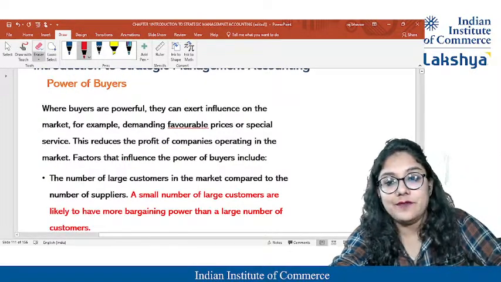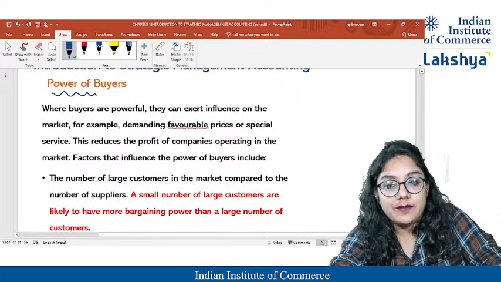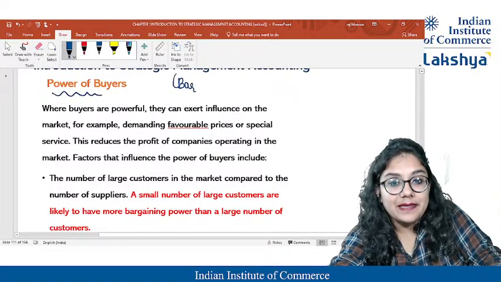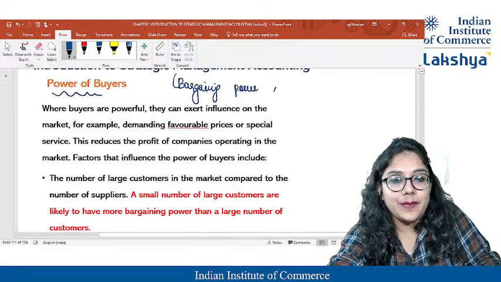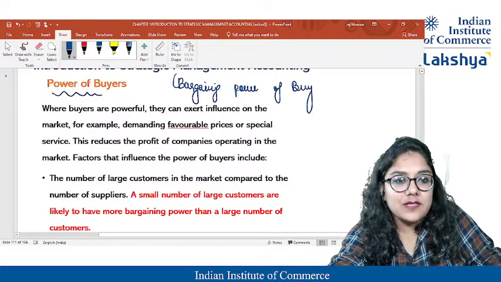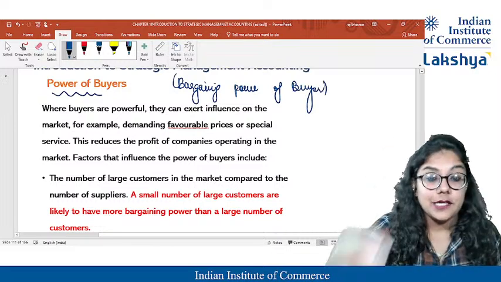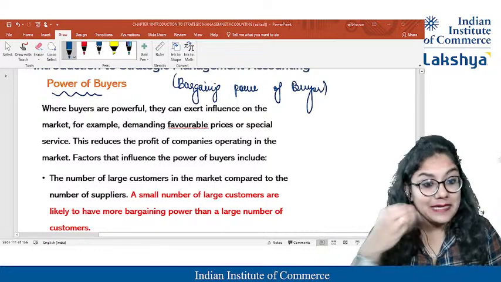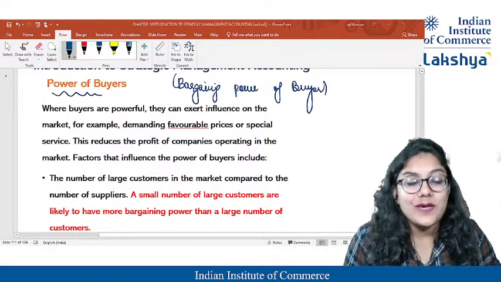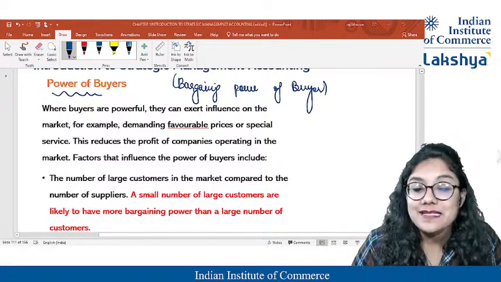The second force is the bargaining power of buyers. Consider the same example. If the buyer has the opportunity to purchase at whatever price he wants, who is having the power? The buyer is having the power.